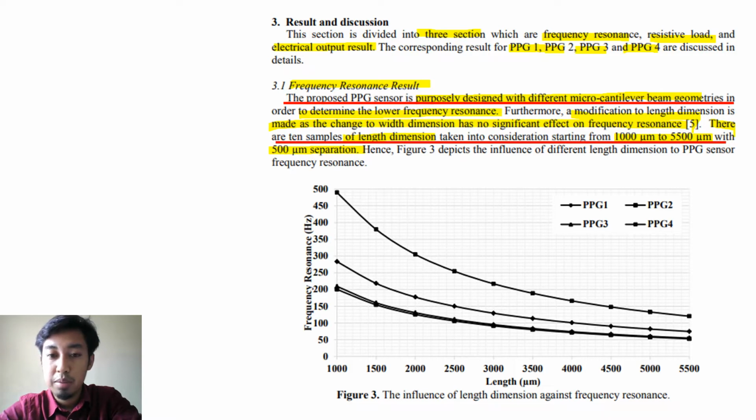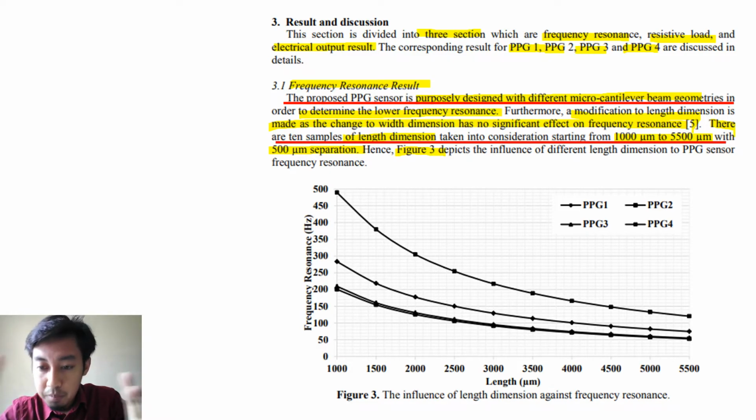The variable is the length dimension of the cantilever beam, starting from 1000 to 5500 micrometer. After that, the author shows this figure. Figure 3 depicts the influence of different length dimensions on the PPG sensor frequency resonance.